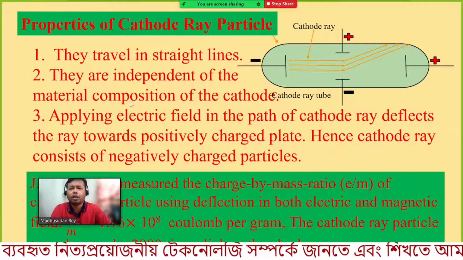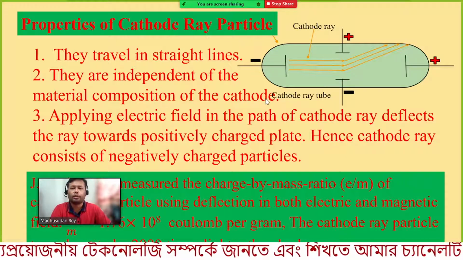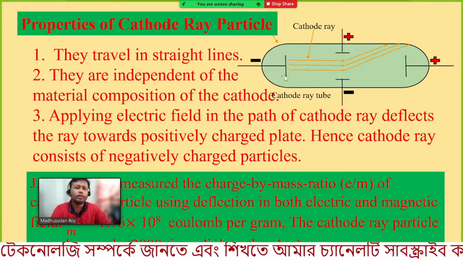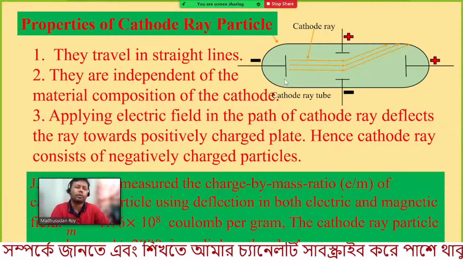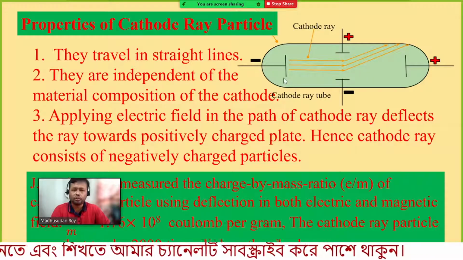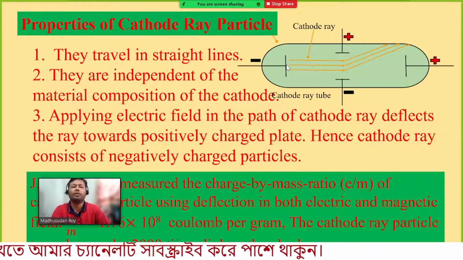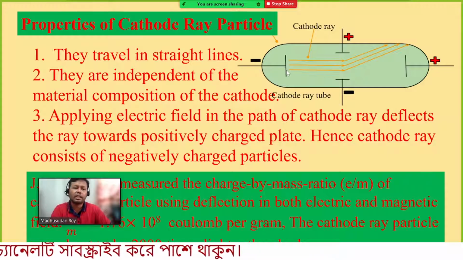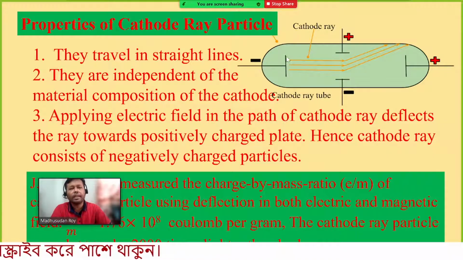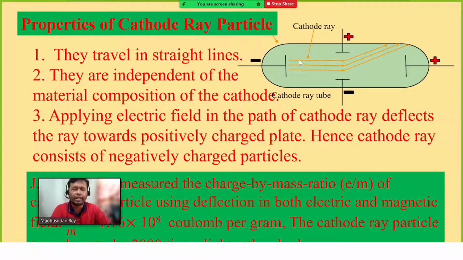They are independent of the material composition of the cathode. That means you can make the cathode from gold, iron, carbon or any other material, but the property of the ray is always the same, though the intensity can be more or less.